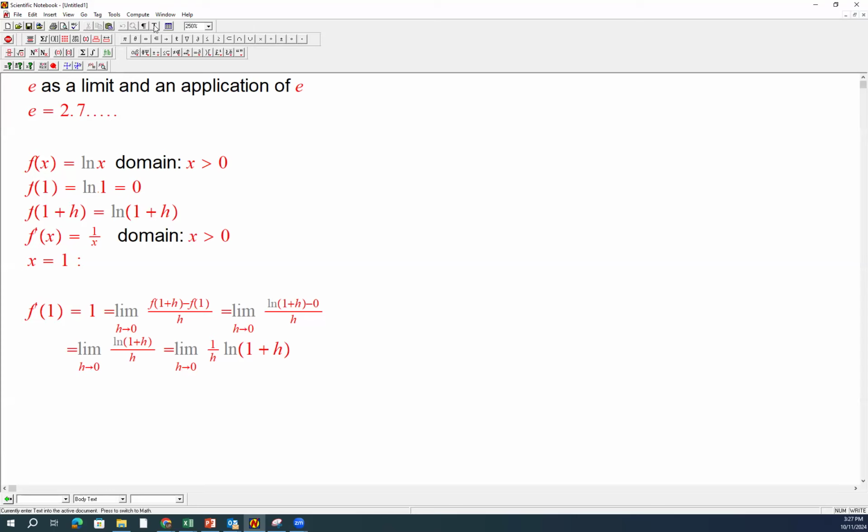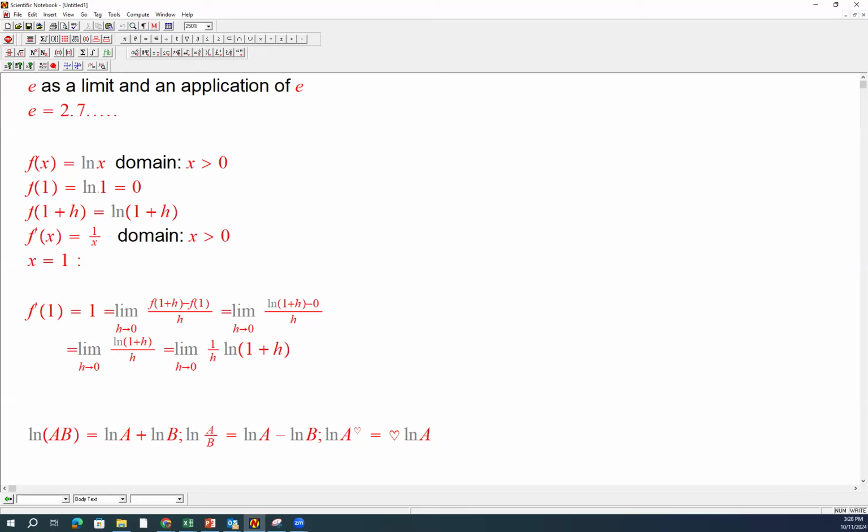The first important property of logarithm is the product rule: ln of A times B equals ln A plus ln B. The second important property is the quotient rule: ln of A divided by B equals ln A minus ln B. The third one, which is the one we are going to use, is the power rule: for ln of A with a power, the power can be brought down in front of the logarithm.